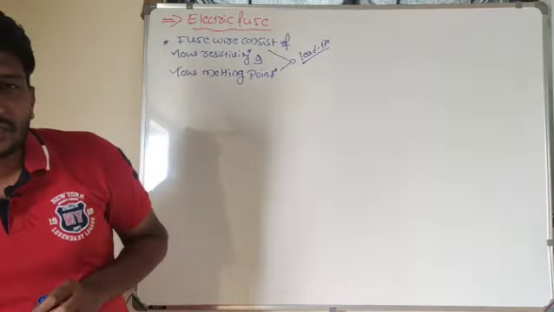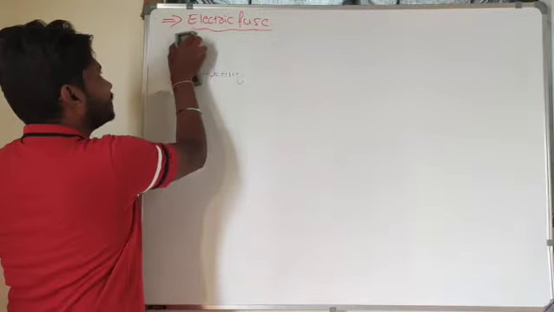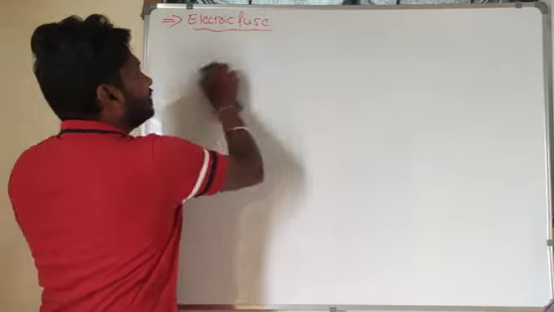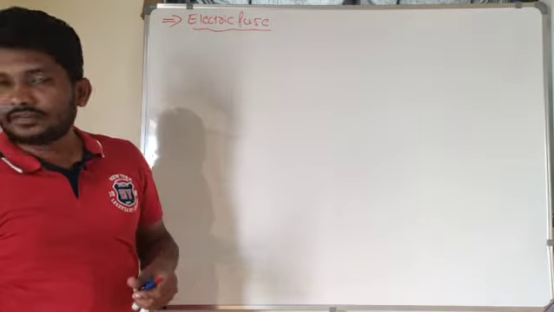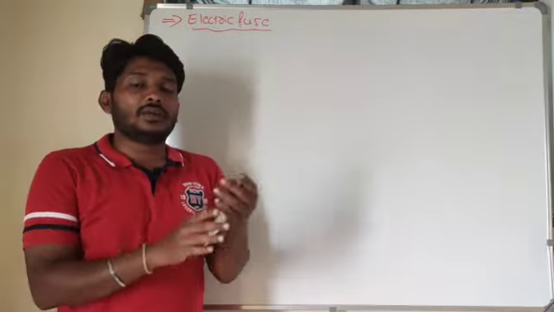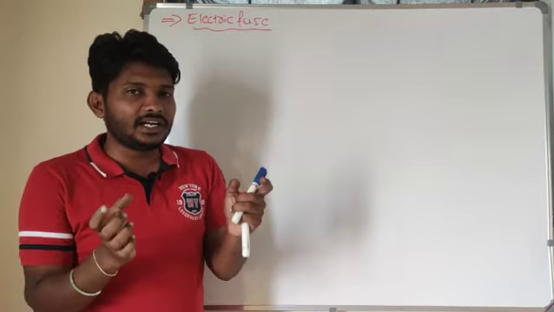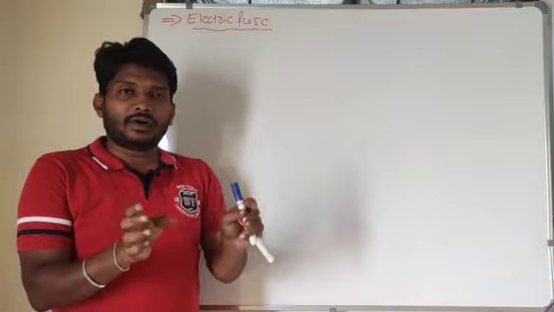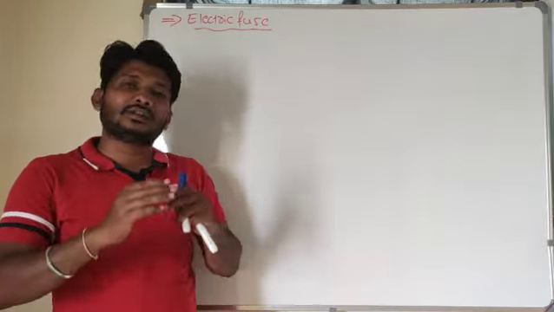Now I can understand the mathematical expression for the electric fuse. What's the relation between current and temperature? I said that if a large amount of current or large voltage passes into the electric fuse wire, this fuse wire will heat up. Now I want to find out whether the rise in temperature depends on the current or not.